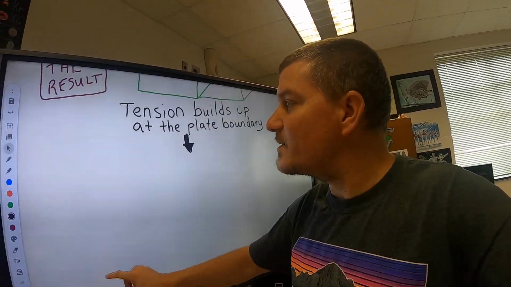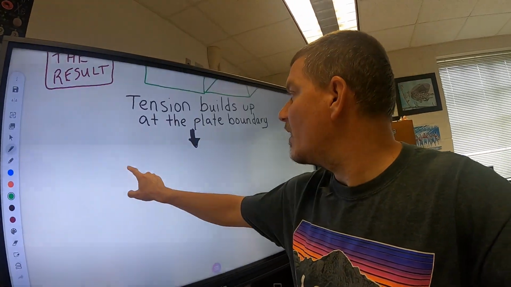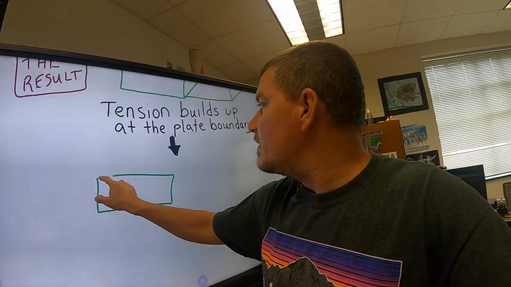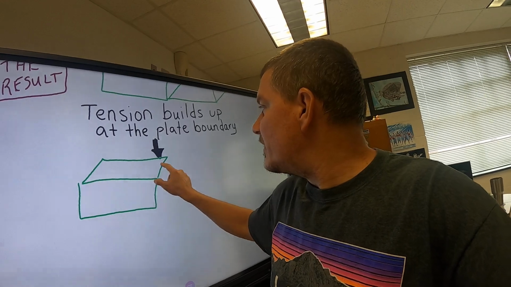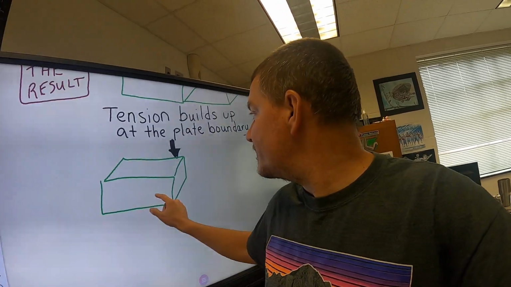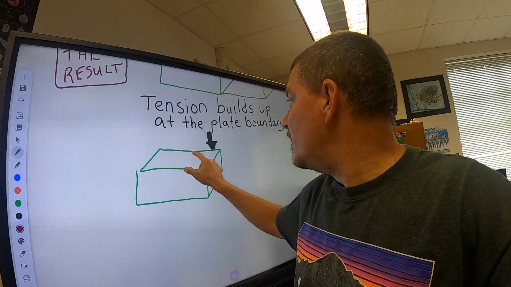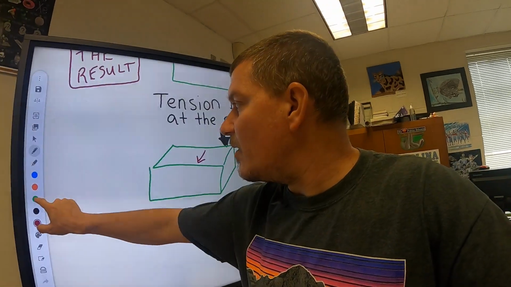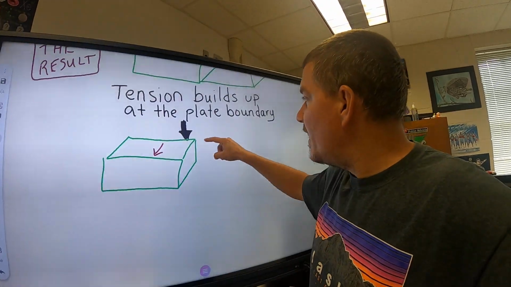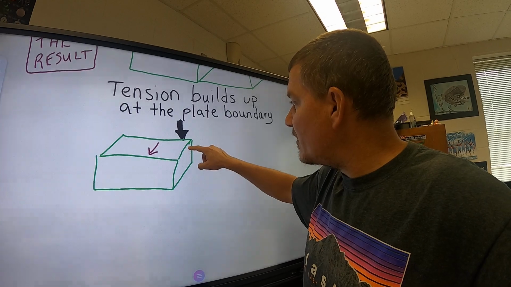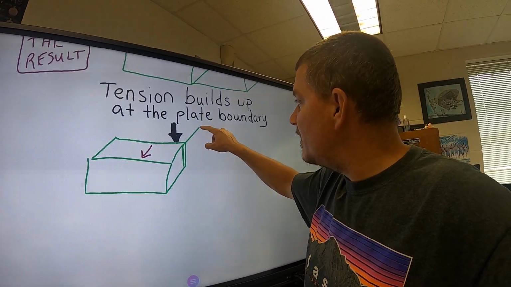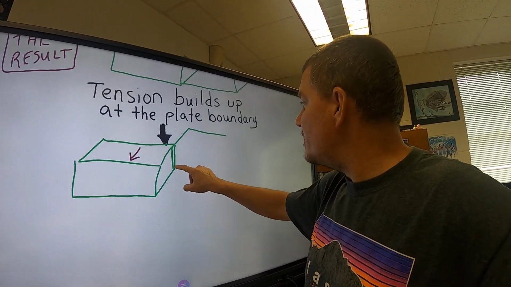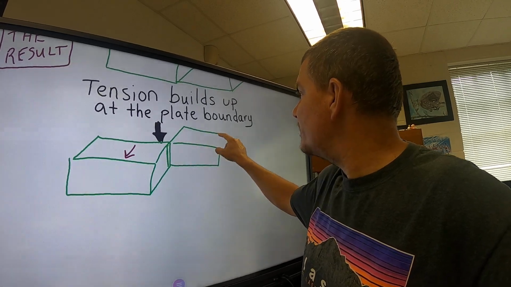Let me slide that up so I've got some more room to draw. So I'm going to start by drawing one of my boxes again. And this one's going to be the one going forward. And the one that's going backward, we're going to try to put it as having already moved backward.